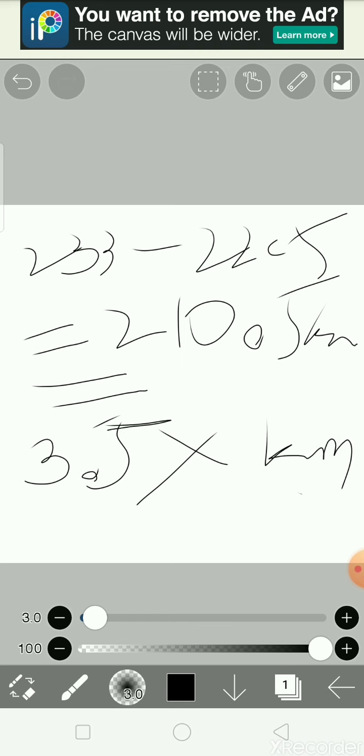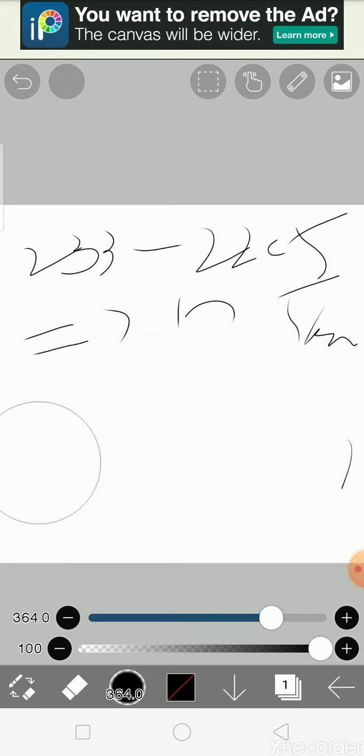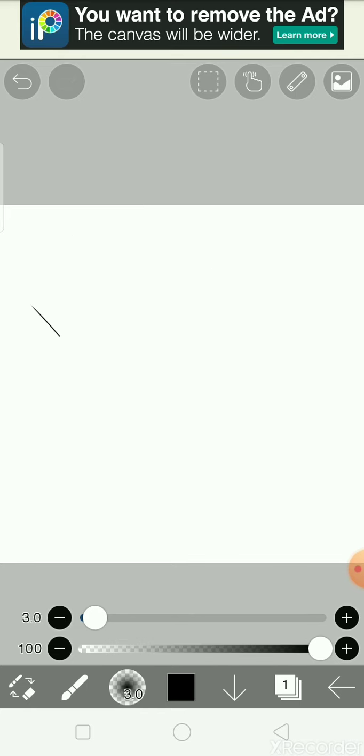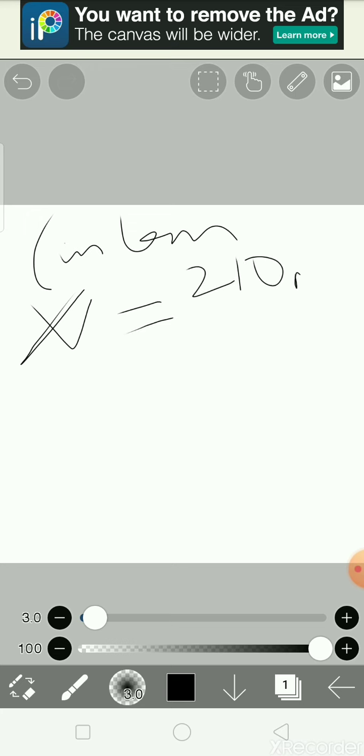That means x is equal to 210.5 by 3.5, right?